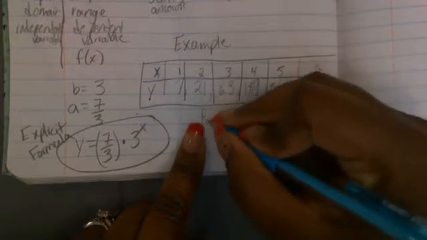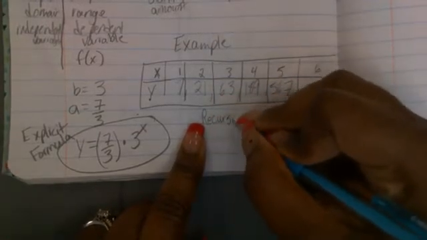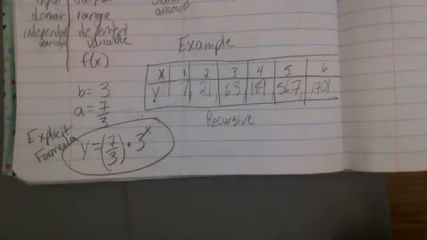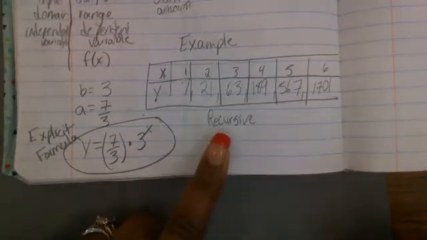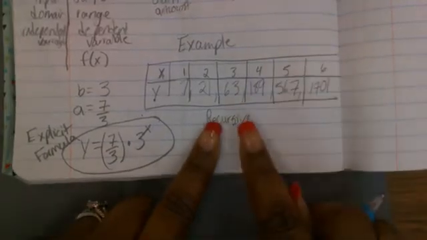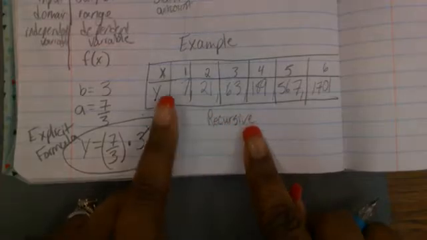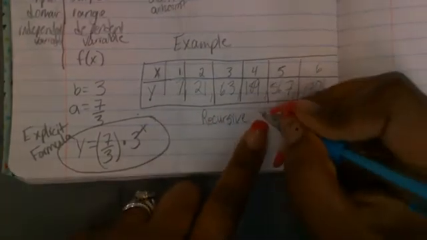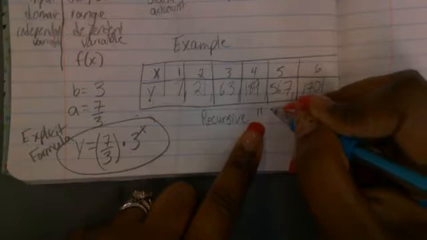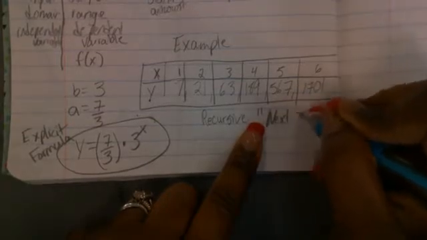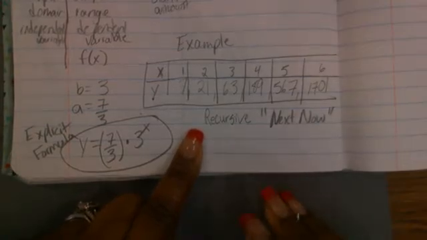So recursive, and if you forgot all about recursive and explicit, please go back and read your notes on recursive and explicit. Recursive are going to be equations or formulas where you have to use the previous number to get the next number. So the recursive formula that I'm going to use is called next now. Okay, that's a popular one that they love to use.